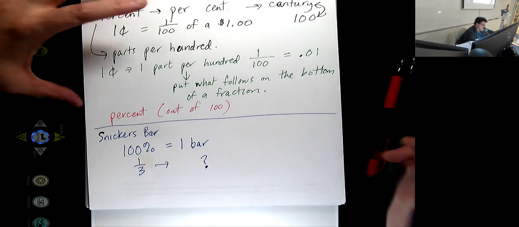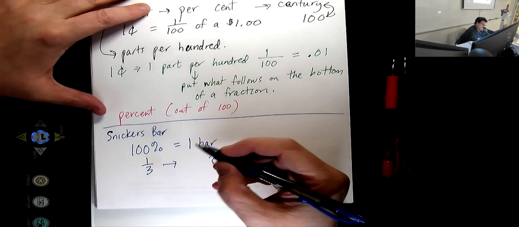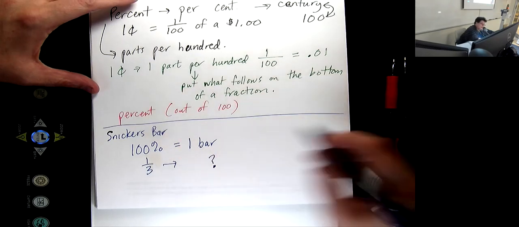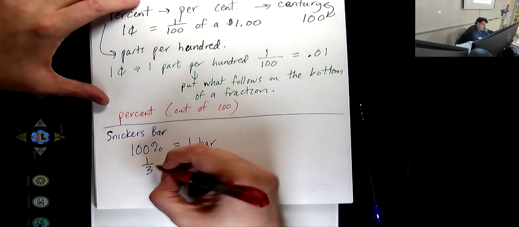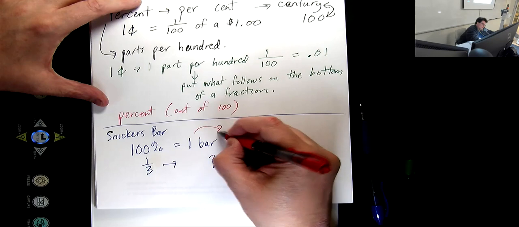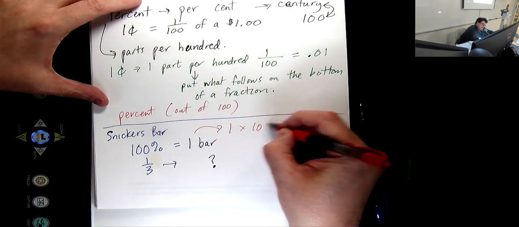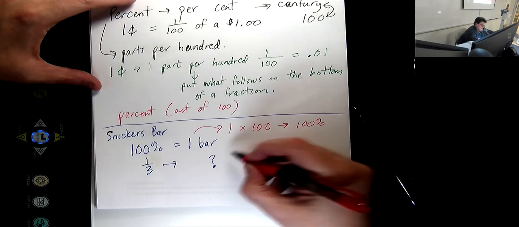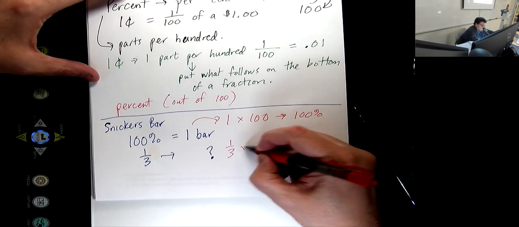So one way is, I know it's parts per 100, so to go the other way, I can multiply by 100. If I multiply this by 100, I can say that's 100%. Let's do this here. I'm going to take the 1/3 and multiply by 100.